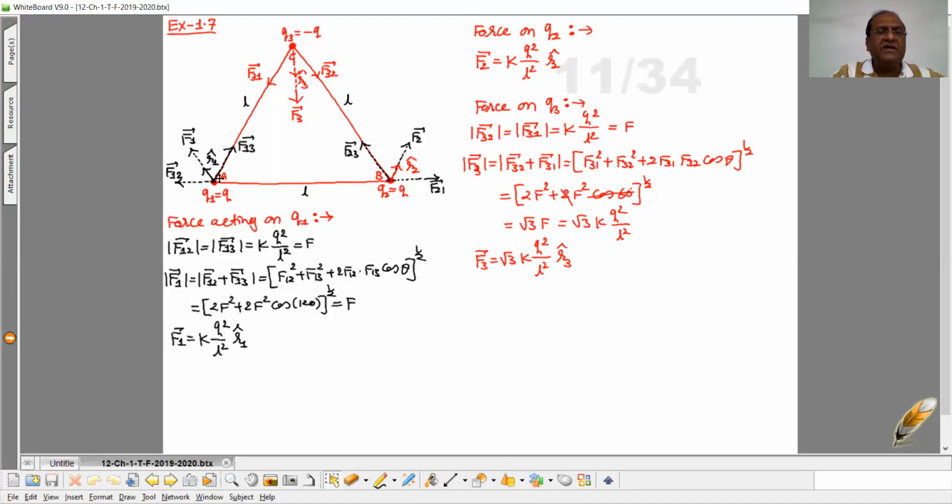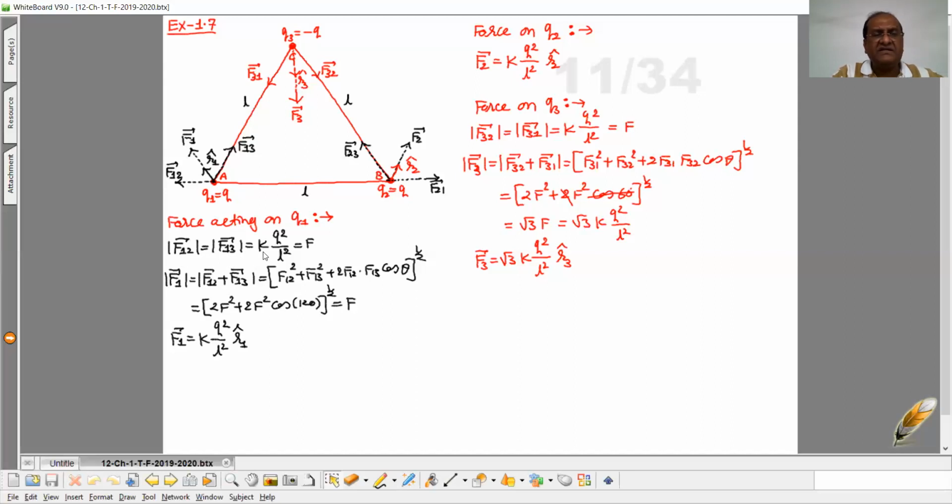Now see, charge Q1 is Q, a positive charge. So due to the charge at B, the force on it is repulsive. But due to the charge at C, which is negative, the force on Q1 is attractive. But magnitude-wise, the force on 1 by 2 and the force on 1 by 3 are both equal.